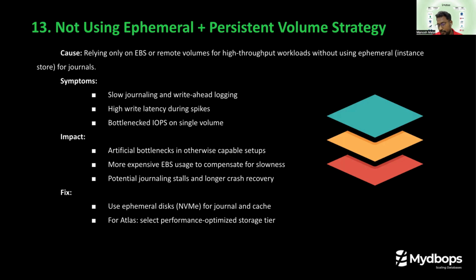For the log, I can keep a low-cost disk, and for data I will use GP3 based on the system workload, maybe IO2 also. And for the journal, I use ephemeral.